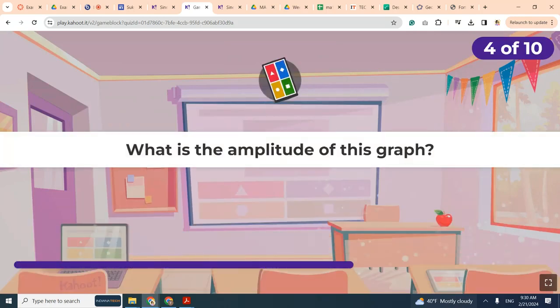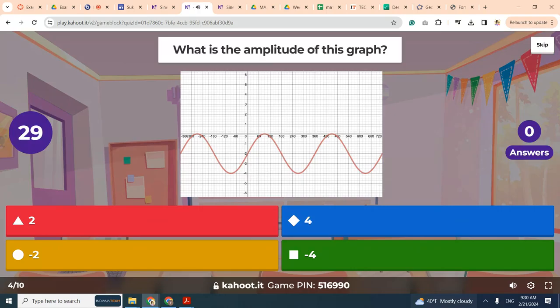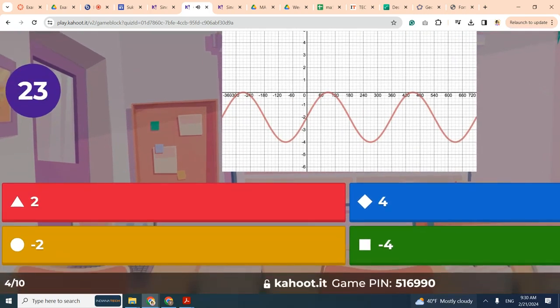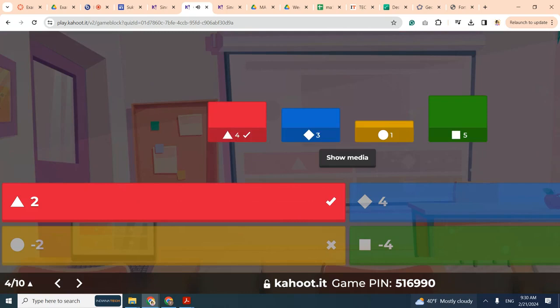What is the amplitude of this graph? Amplitude. See, how many of you? Oh, -4.